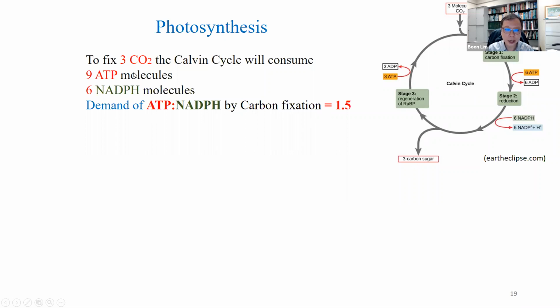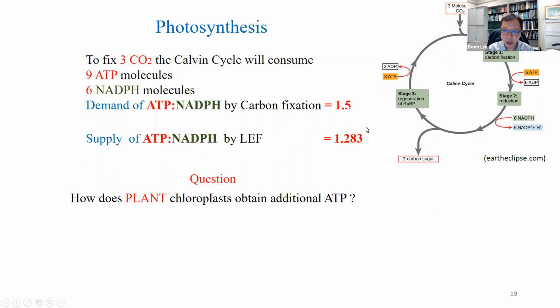And the demand ratio of ATP to NADPH by carbon fixation is 1.5. So if we look at the supply of ATP to NADPH ratio by the linear electron flow, which is 1.283, then it seems that there is not enough ATP. So the question is, how do plant chloroplasts obtain additional ATP?